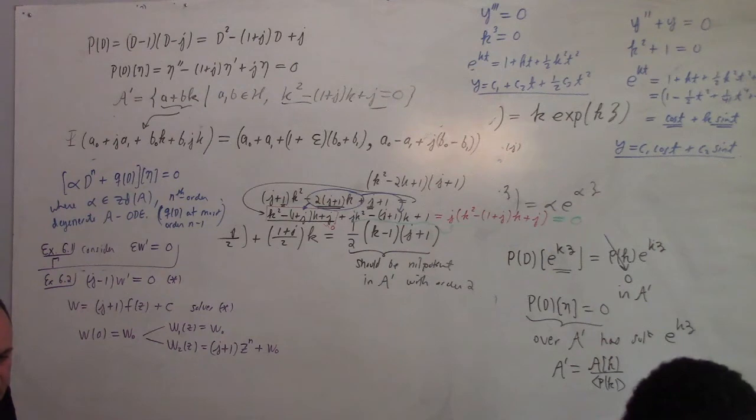If you have a constant coefficient ODE and it has solutions of the form C times f of z, where C is a fixed constant, and f of z is an arbitrary function in the algebra, that's true if and only if L is a zero divisor in the polynomials in the differentiation operator.